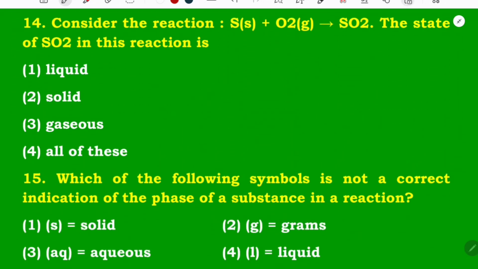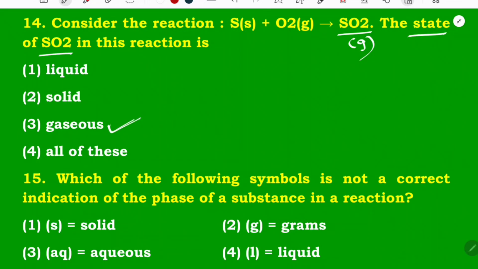Next one. Consider the following reaction. What is the state of SO2 in this reaction? State means the physical state we have to say. Generally sulfur is a solid, oxygen is a gas, and sulfur dioxide is also a gas. Sulfur dioxide is a gaseous substance.